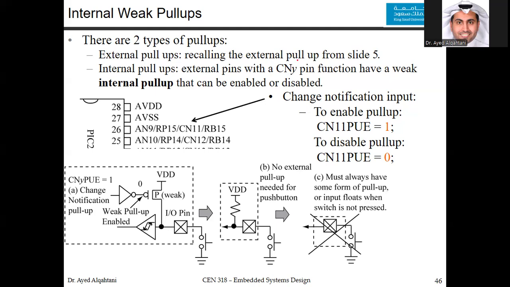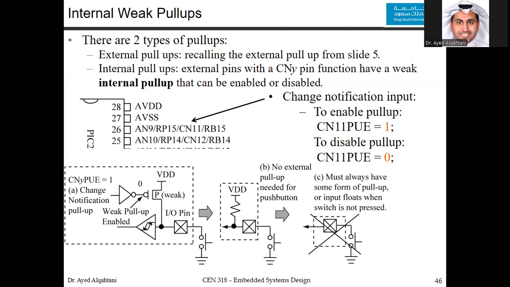You might have a don't care value. So you can choose here. You could have the external pull-ups, so you must connect the resistor yourself, or you could make use of this choice, which is the internal pull-ups.